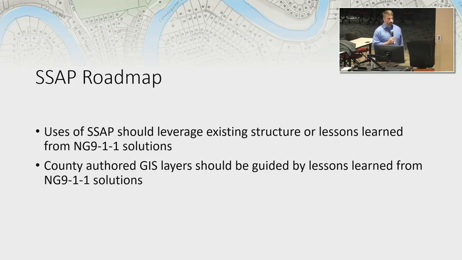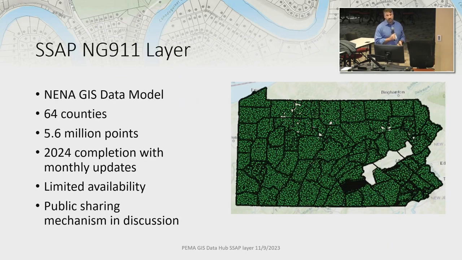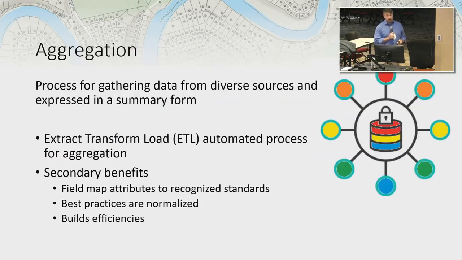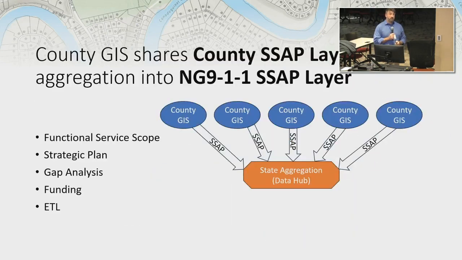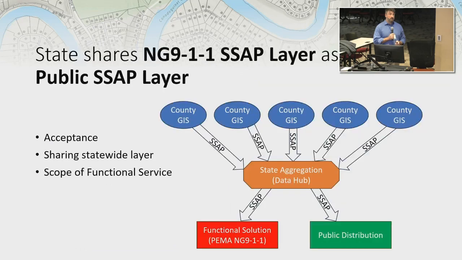So at this point, the data that's going into this data set for Next Gen 911 starts its life here with the addressing authorities. Once we have a solution for publicly distributing the data, then commercial vendors can access it, right?